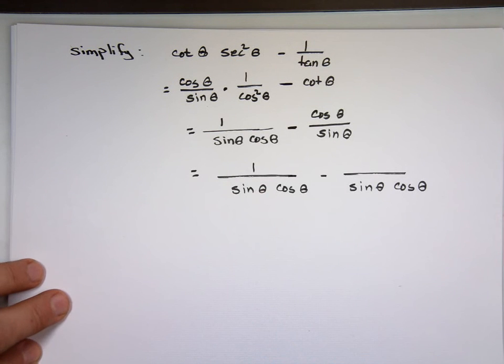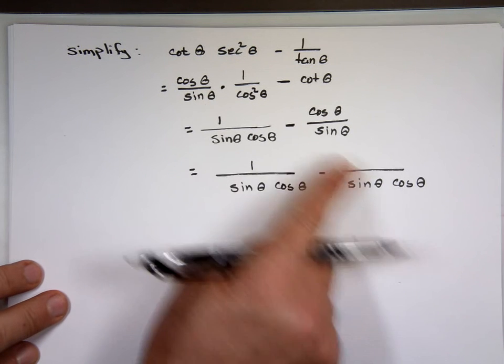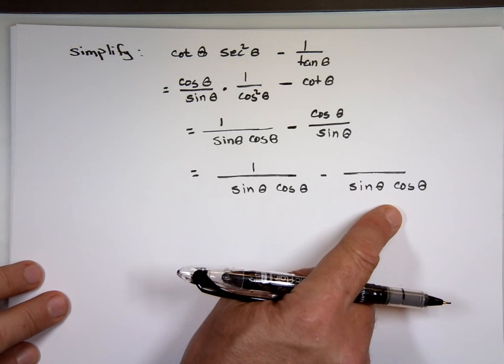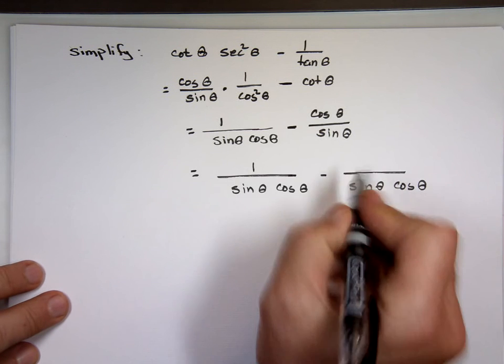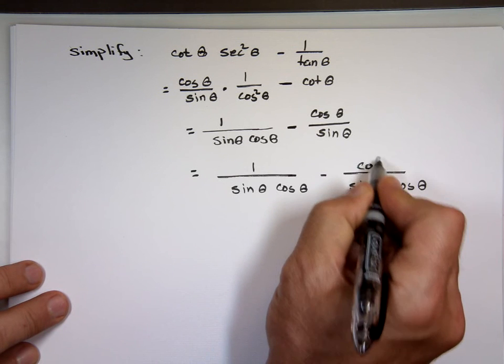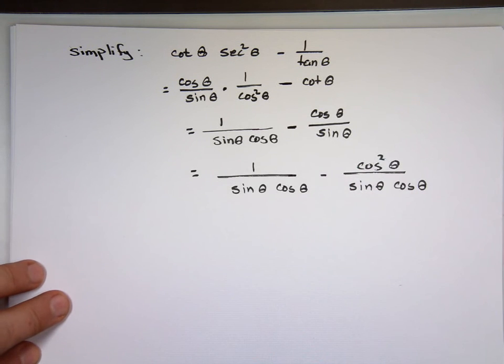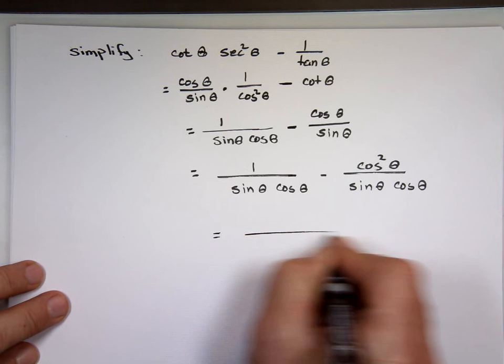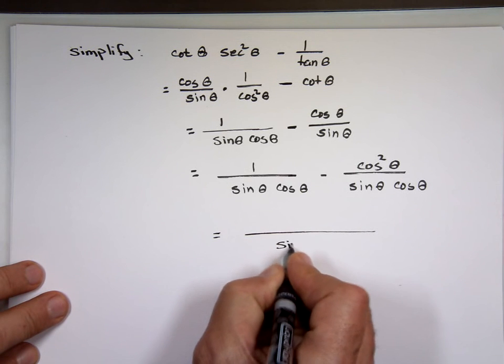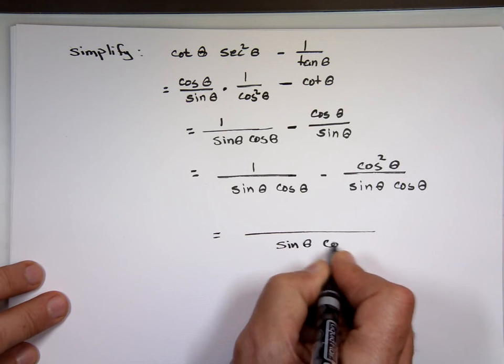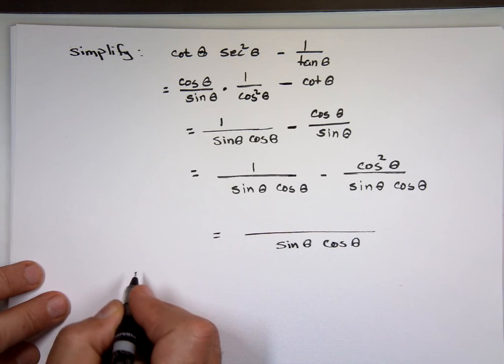This one I will have to multiply by cosine. Multiply the top by cosine. Sine theta, cosine theta, that's the bottom. The top, 1 minus cosine squared theta.